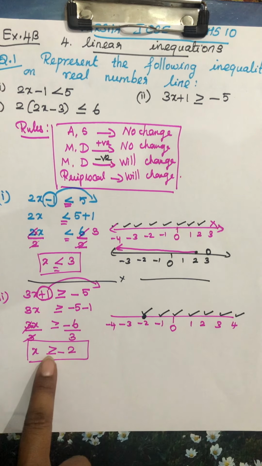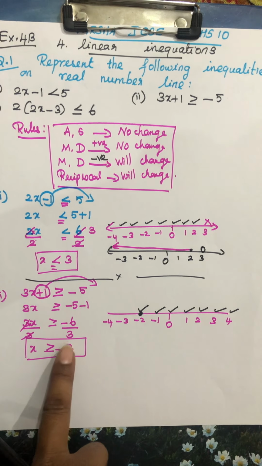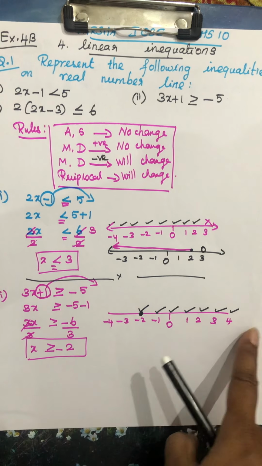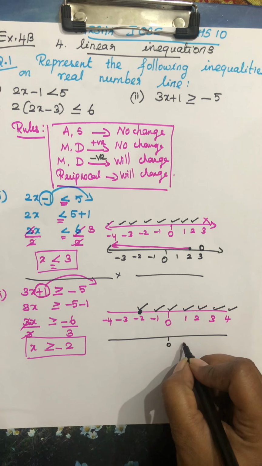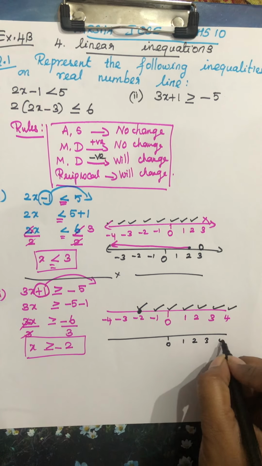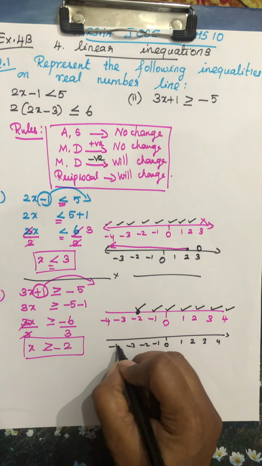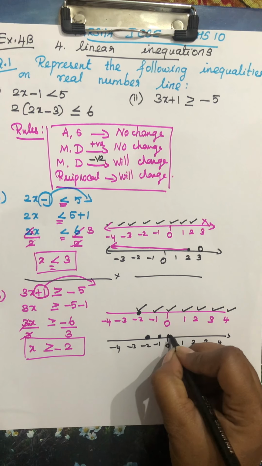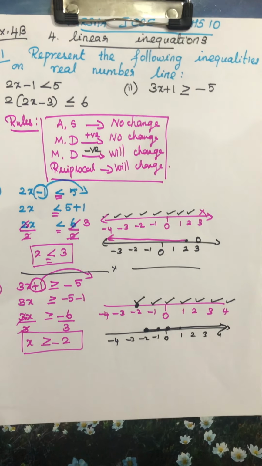The numbers start from minus 2. The numbers greater than minus 2 are minus 1, 0, 1, 2, 3, 4, etc. I am going to draw again. 1, 2, 3, 4. This is minus 1, minus 2, minus 3 and minus 4. This is included, included, included, included, or you can draw the line.